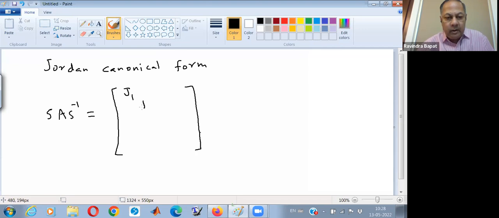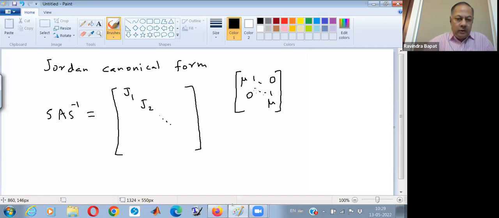That means there are blocks, and each one of them is called a Jordan block. What is a Jordan block? A Jordan block is a matrix with some number on the diagonal, 1 on the super diagonal, and everything else 0. That is called a Jordan block.